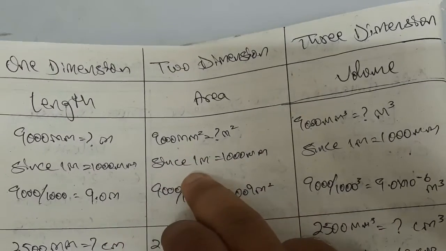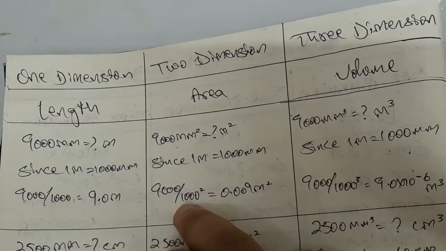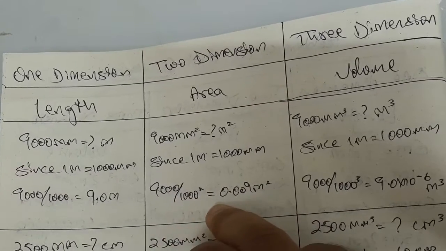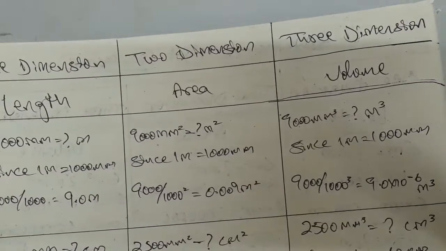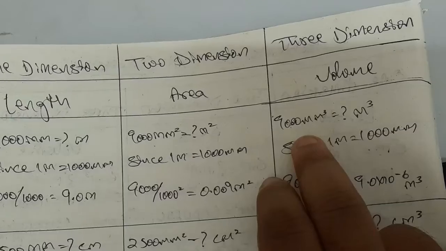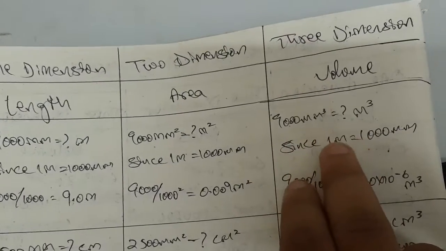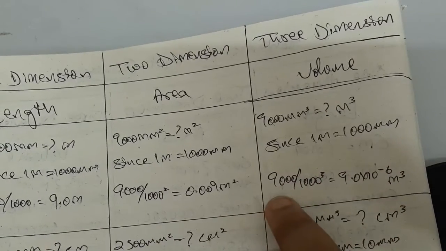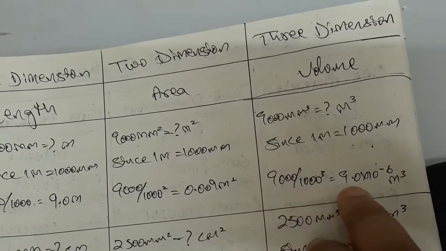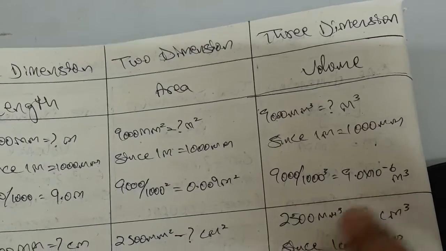So since 1 meter is equal to 1000 mm, we divide 9000 by 1000 cube, which gives us 9 into 10 to the power of minus 6 meter cube.